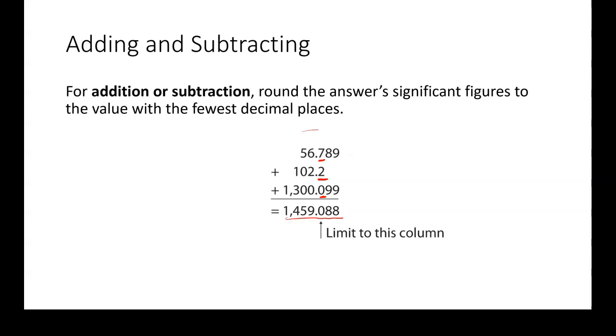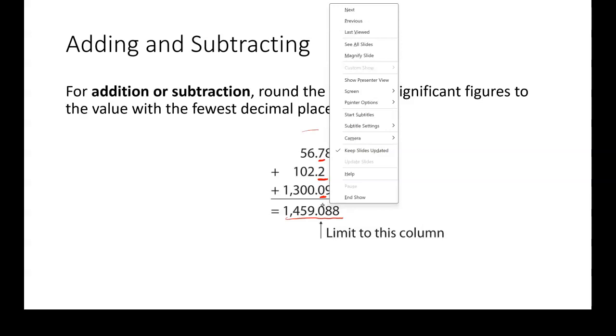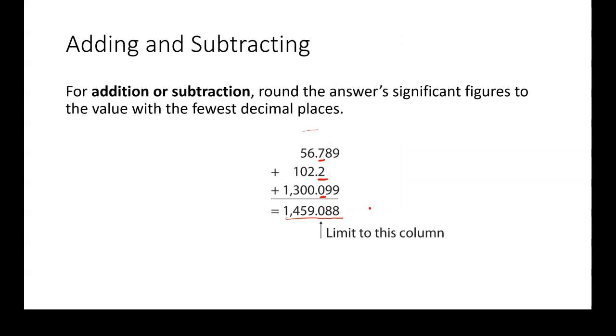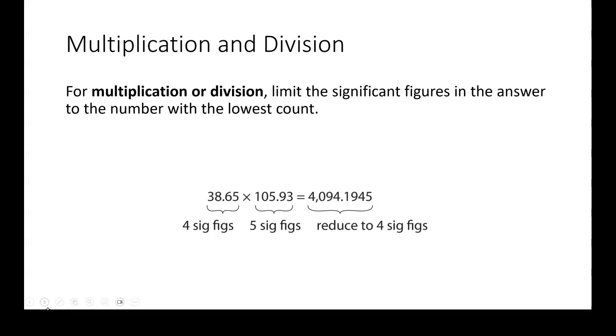And so if we know that we're going to limit here, we look at this. This is an 8, so we know we have to round up. So our answer becomes 1,459.1. If you're multiplying or dividing, you limit the significant figures in the answer to the number with the lowest count. So in this example, this has 4 sig figs, 1, 2, 3, 4.